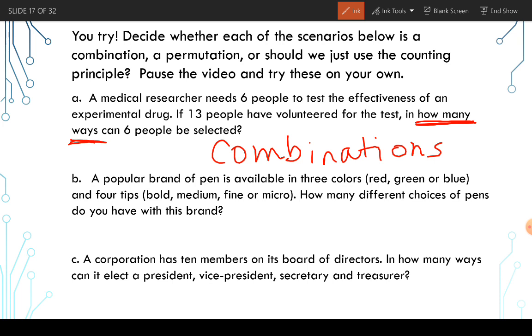Okay. B, a popular brand of pen is available in 3 colors: red, green, or blue, and 4 tips: bold, medium, fine, or micro. How many different choices of pens do you have with this brand? Key here, they give us categories, colors, and tips, and they also tell us how many are within the category.